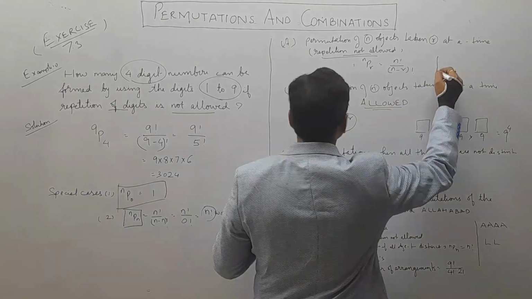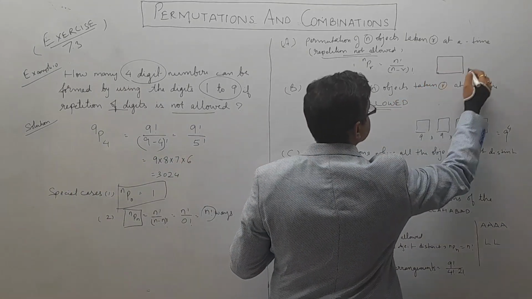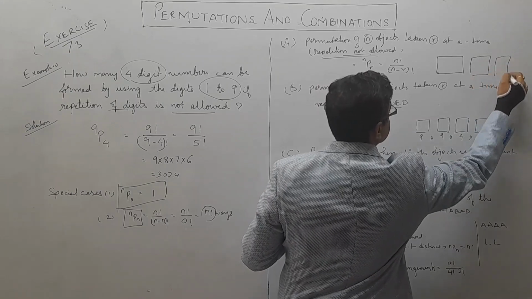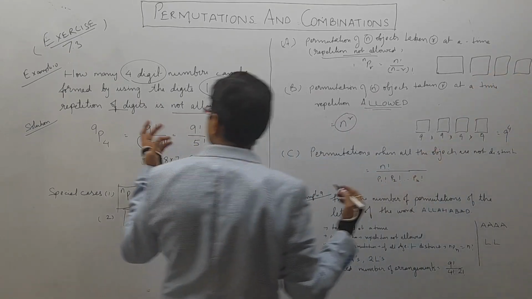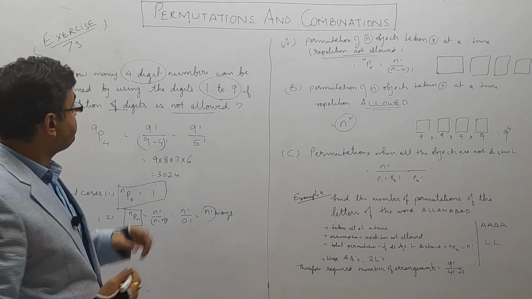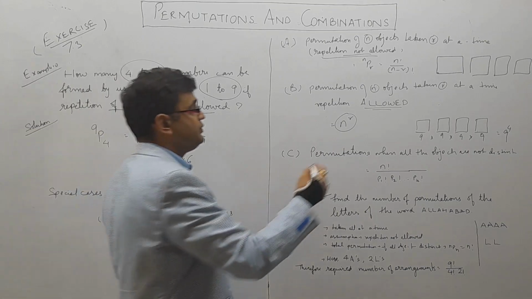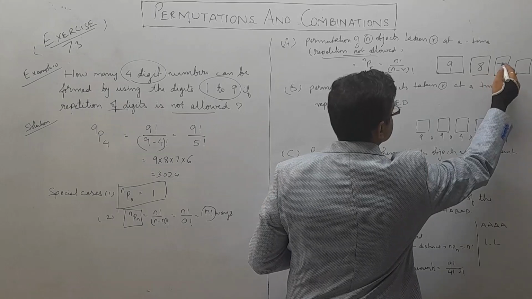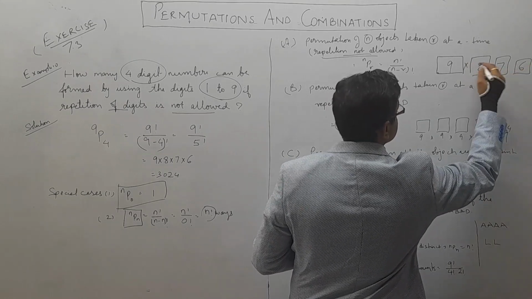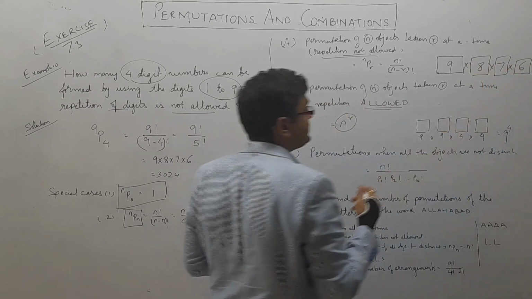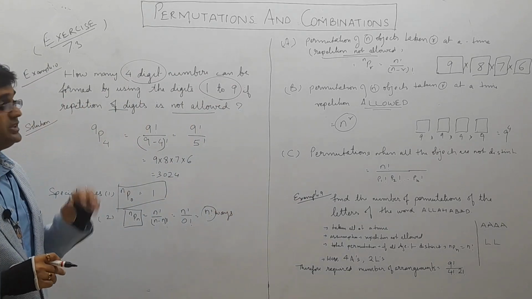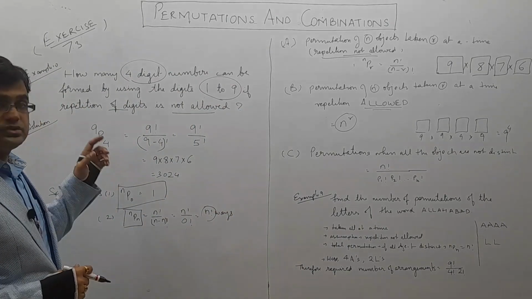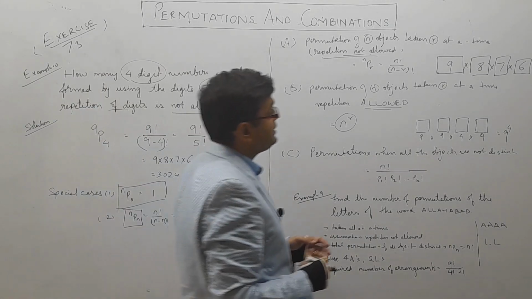In the previous example, what we saw is that there are 4 places to be filled by 9 objects. The first place can be filled by 9, the second by 8, the third by 7, the fourth by 6, so 9 into 8 into 7 into 6 ways, because repetition was not allowed in this example.